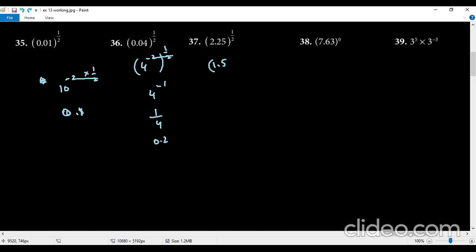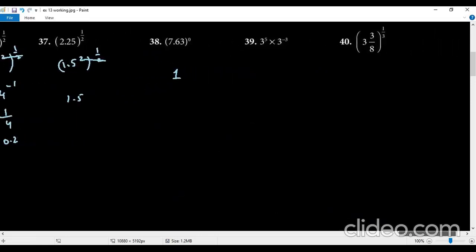That means if I write 1.5 to the power 2, and the power is 1 over 2, this gets cancelled, and 1.5 should be your answer for question number 37. Next is 7.63. Power is 0 means ultimately it's going to be a 1.